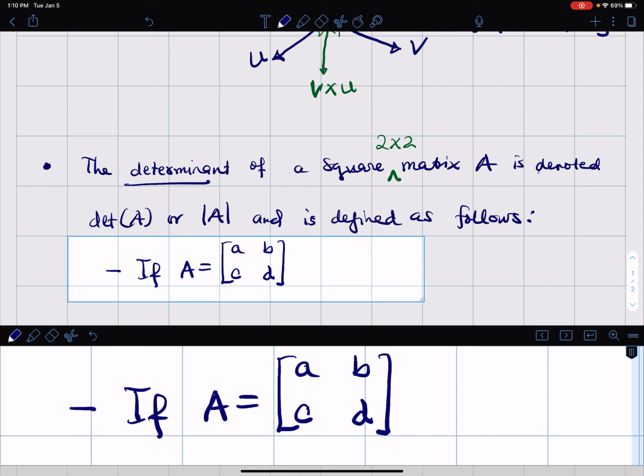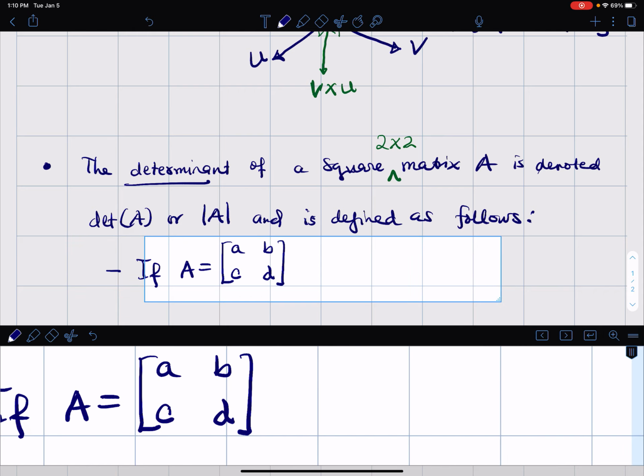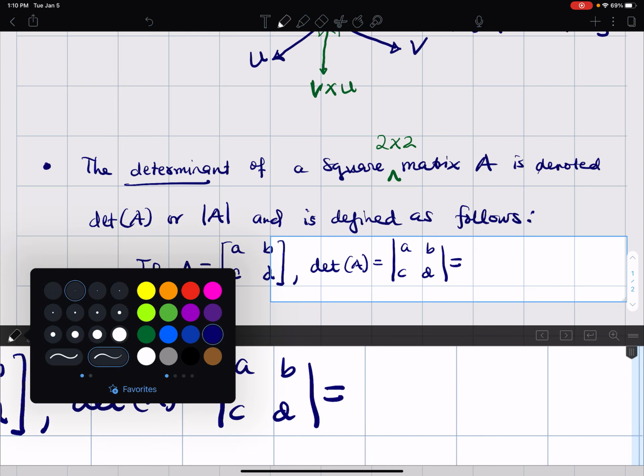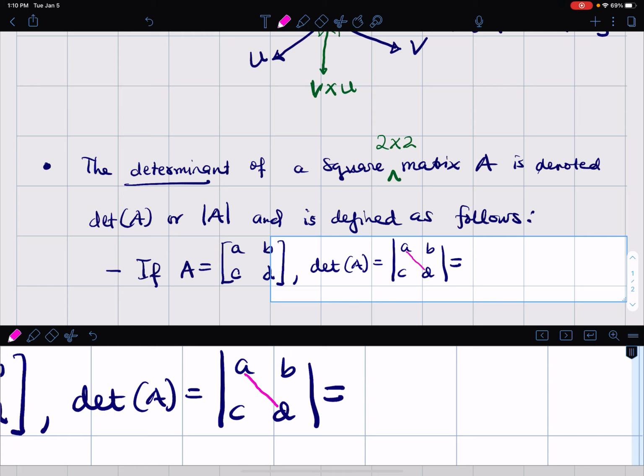It's 2 by 2 because it has 2 rows and 2 columns. If A is this 2 by 2 matrix, then the determinant of A, the same thing as the absolute value of A, is computed as a times d minus b times c. So it is ad minus bc.